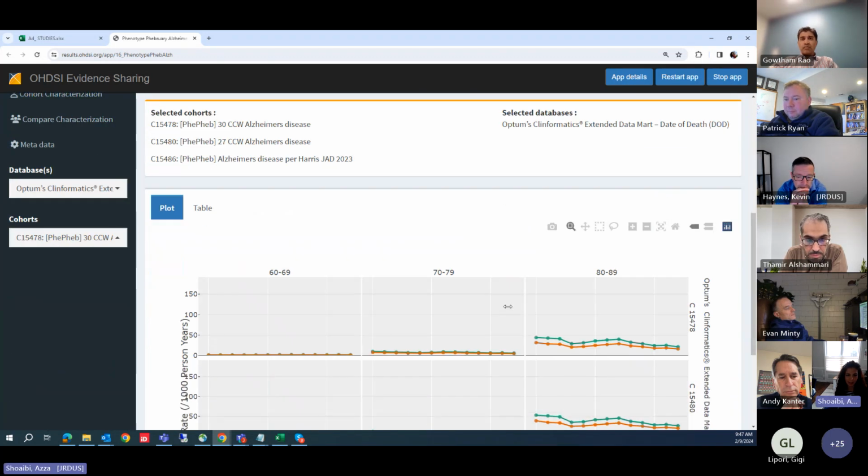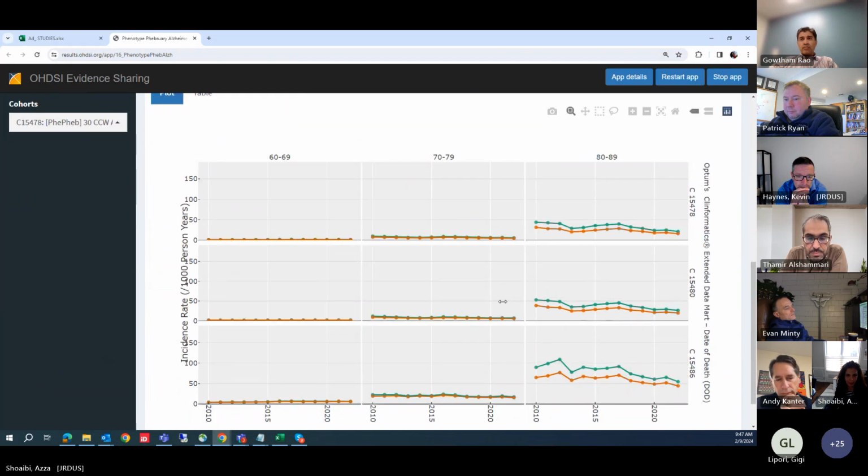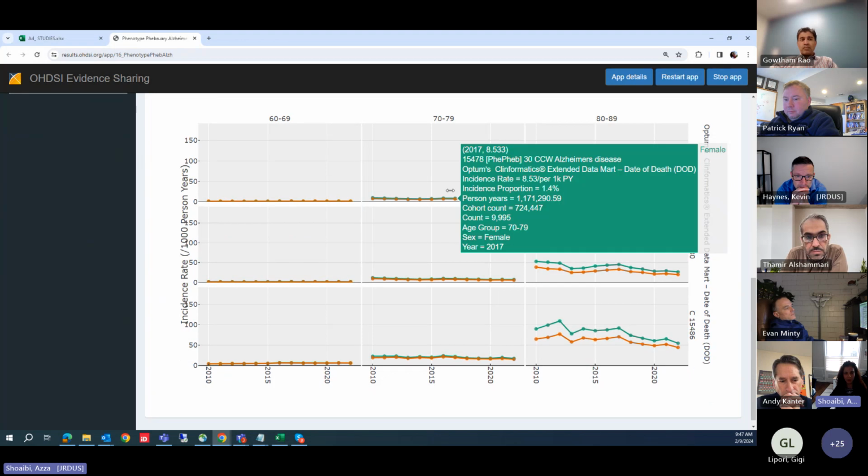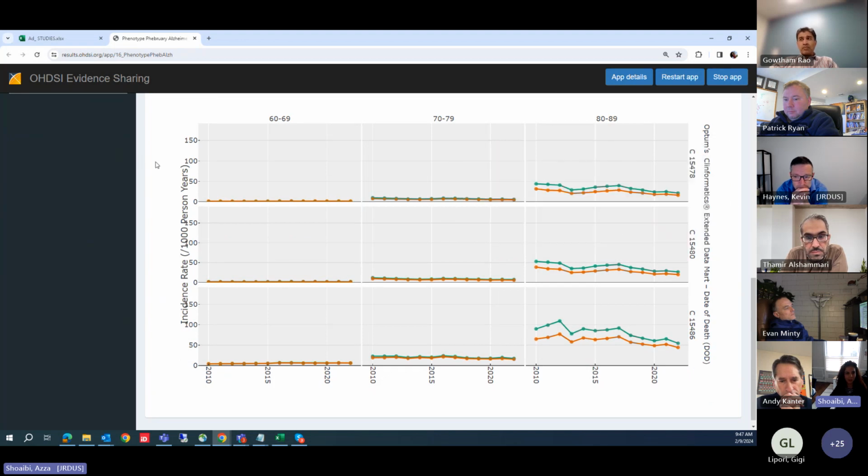And that's going to make this visual slightly nicer. Okay, perfect. So now we're looking at people 60 and above, and we're looking at the difference of incidence presented here on the y-axis using incidence rate per 100,000 person year. And here are the different definitions, and here are the incidence over time.